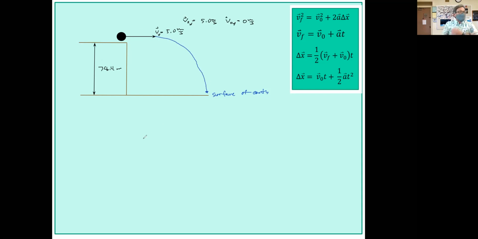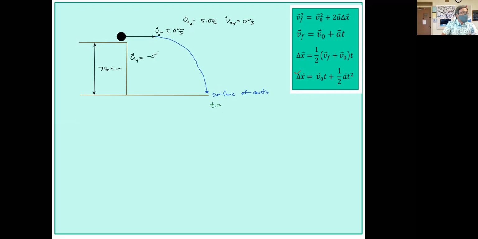All right, so yesterday we were able to find, and please make sure that if you weren't able to get these answers, you come by and see me, we were able to solve for the time. We used this particular kinematic equation right here to solve for the time interval. Why? Because the initial velocity along the y we know is 0. We know the acceleration along the y is negative 9.8 meters per second squared.